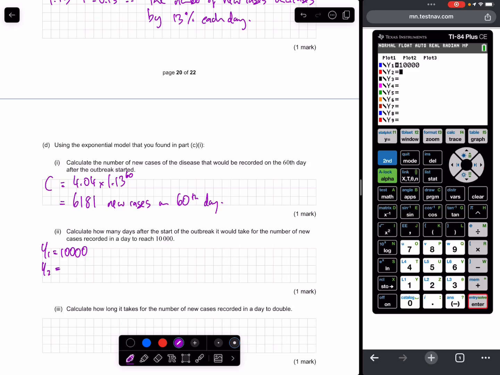Y2 is our model, 4.04 times by 1.13 to the power of x. Graph it. We can't see anything, so we zoom out until we can.